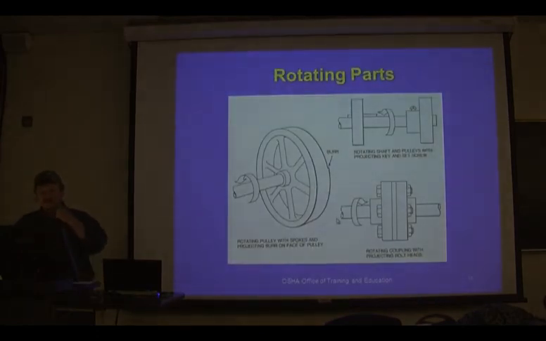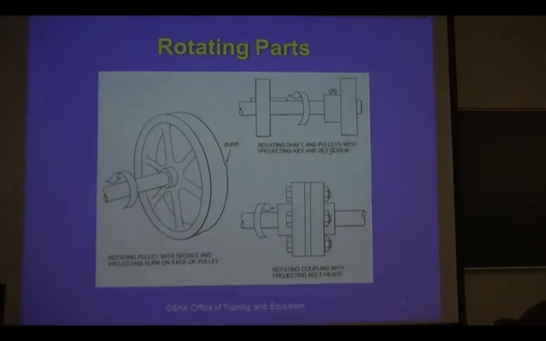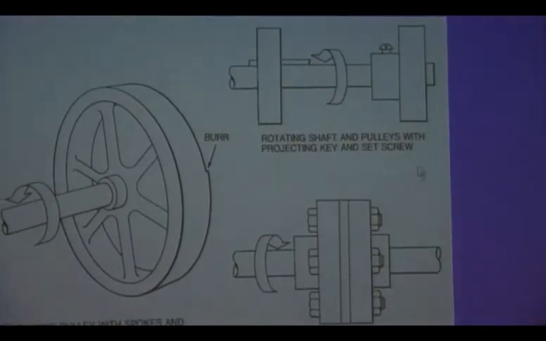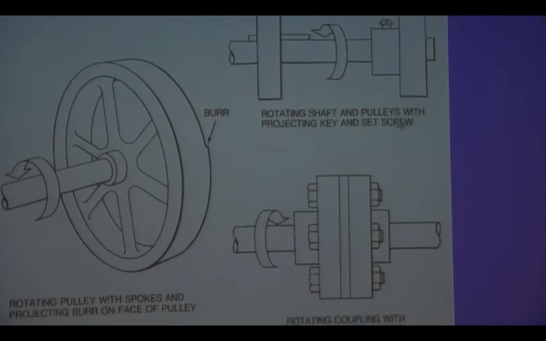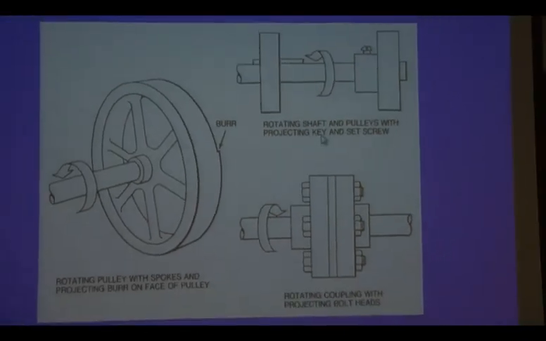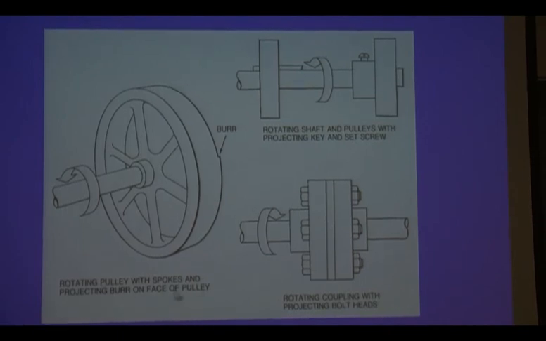Rotating parts. Need glasses. Okay. Let's take a look at the pictures. These are different examples of rotating parts. A rotating shaft with pulleys with projecting key and set screw. Okay. Rotating pulley with spokes and projection burr. Okay.